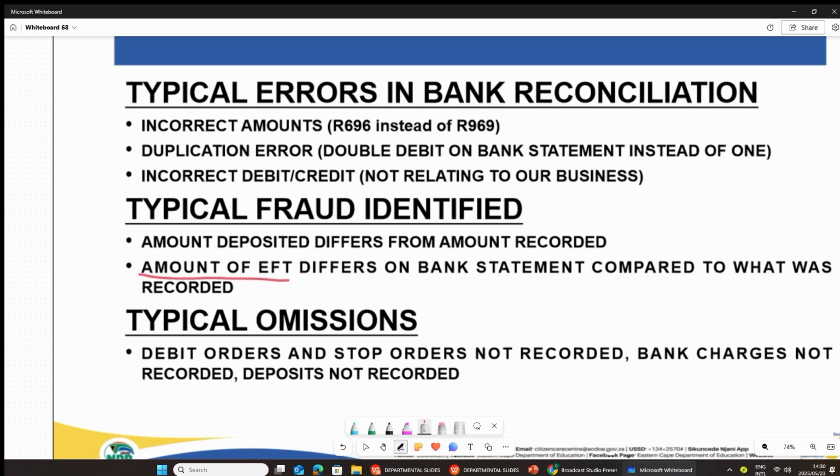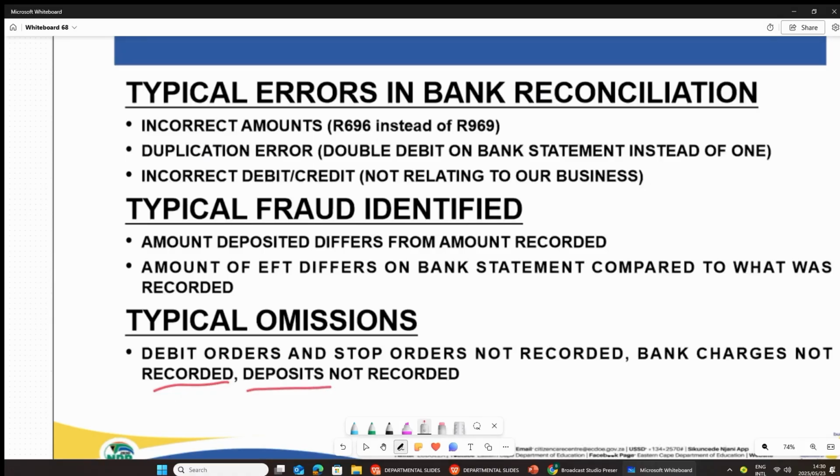Also, the amount of an EFT can differ on the bank statement compared to what was actually recorded in our CPJ, for example. And then when it comes to omissions, sometimes there are debit orders and stop orders that are not recorded, bank charges also not recorded, and deposits that maybe a tenant makes can also not be recorded.